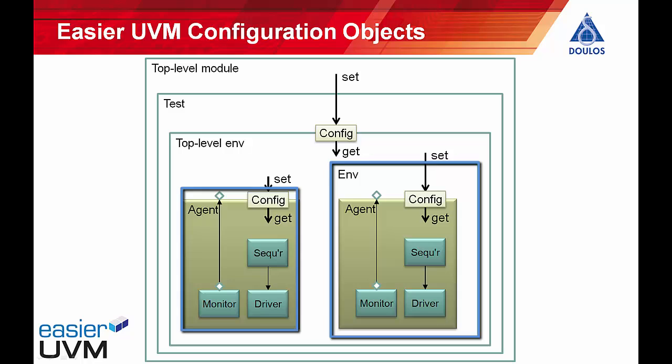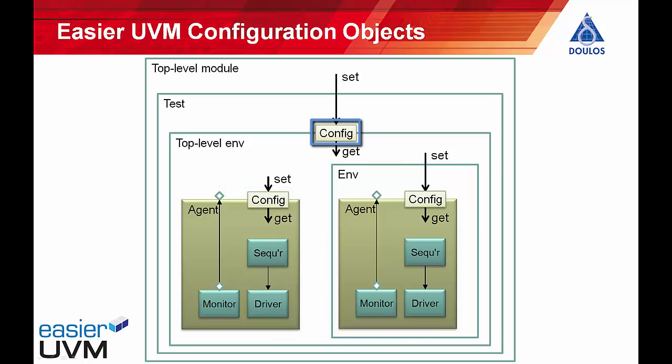Whichever way, that agent has one configuration object. The top level env has a configuration object of its own that contains information that's set from the top level module. In particular, the top-level configuration is going to contain virtual interfaces that can only be set from the module-based world in System Verilog.